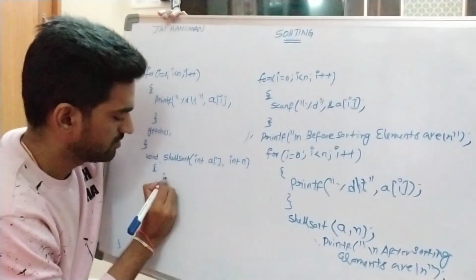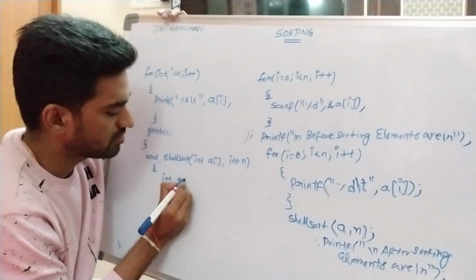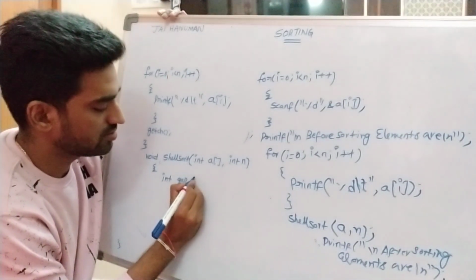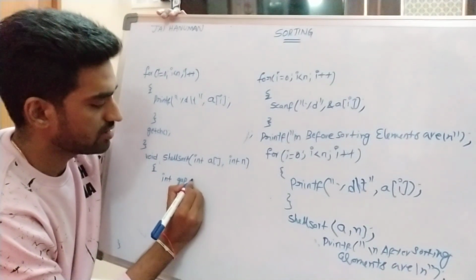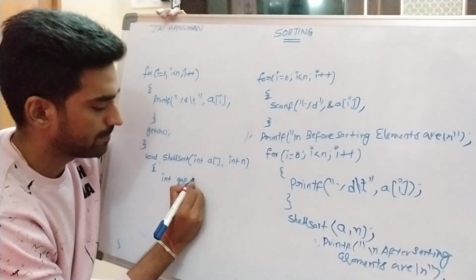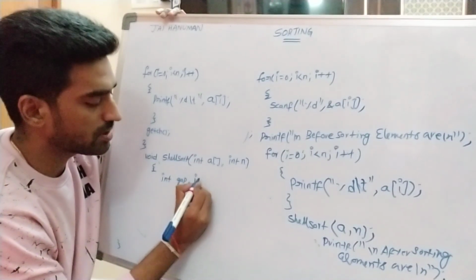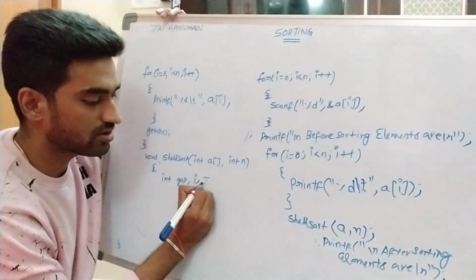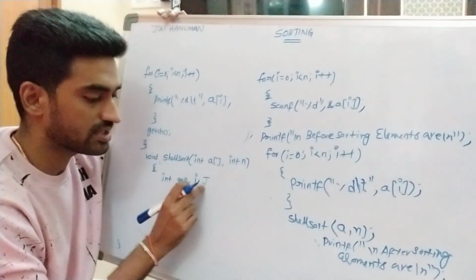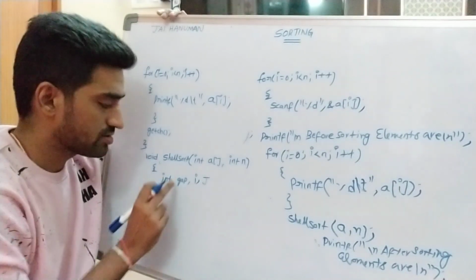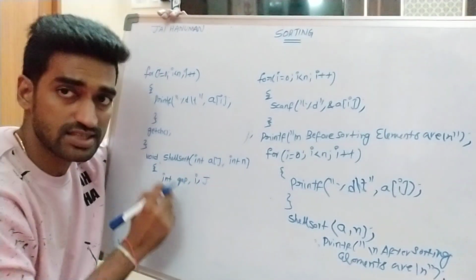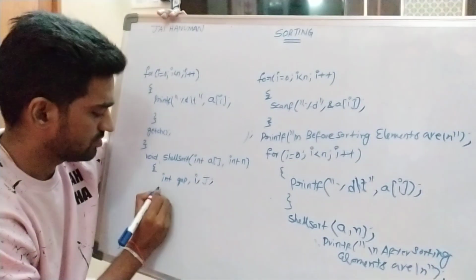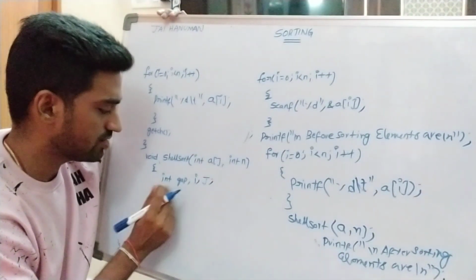What are the variables? Gap is used, then i for loop purpose, and one more variable, that is j. These are the variables used in this function definition. Then I am writing the actual procedure.